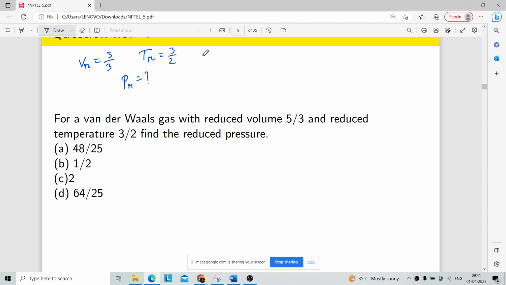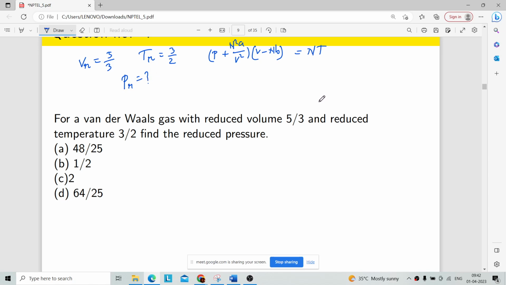So initially we have the van der Waals equation in terms of P and V, right? Let's omit the R term. So this is P plus n squared a by V squared, times V minus nb, right? So what are the reduced volume, reduced temperature, and reduced pressure?